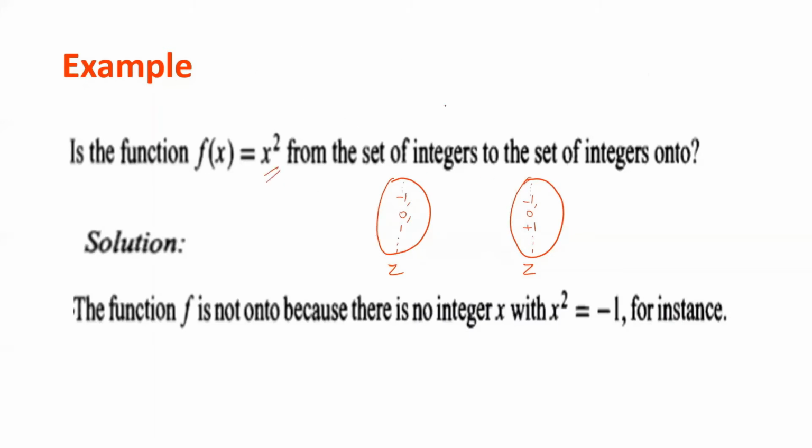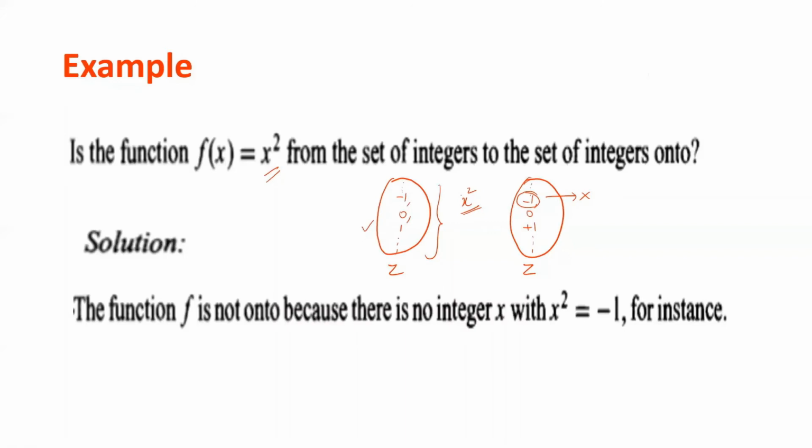So if we talk about -1, there is no element here whose square is -1. So this element is not mapped with any element of this set, so we can say this is not onto.